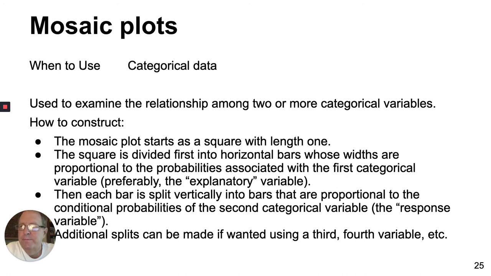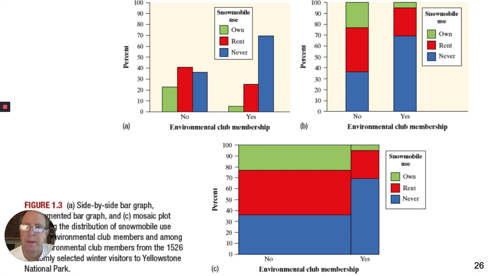Mosaic plots. This is new to the AP curriculum. On this slide, I talk about how to create a mosaic plot, but rather than go through it, I'm going to show you graphically. On the top here, I have my side-by-side bar graphs and my stacked bar graphs.